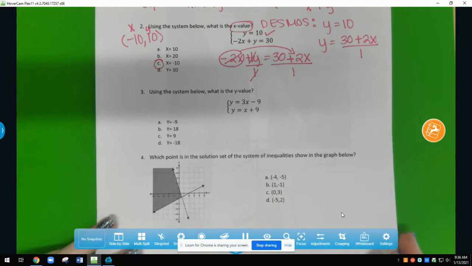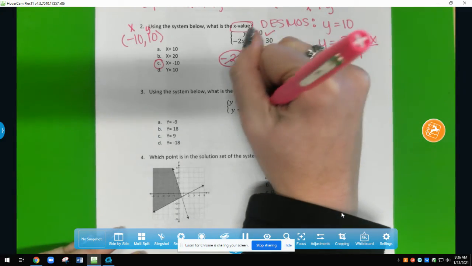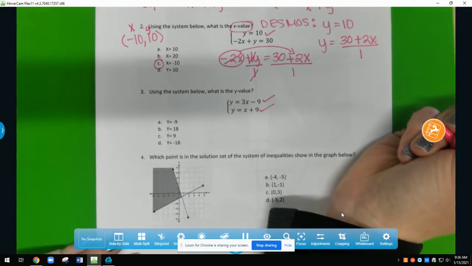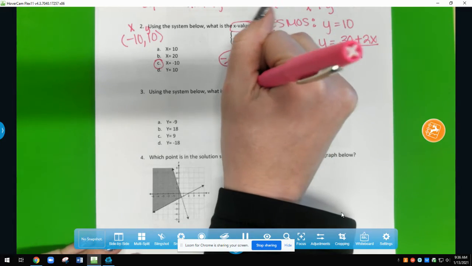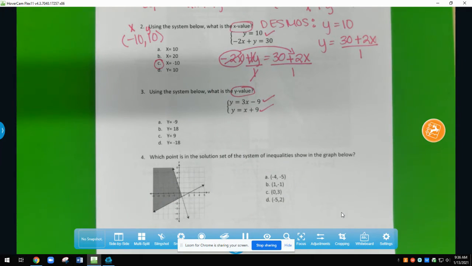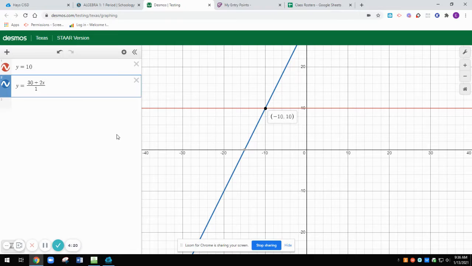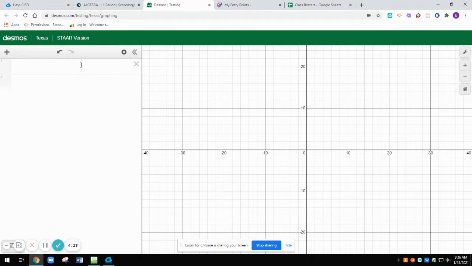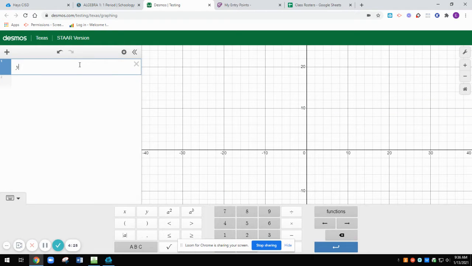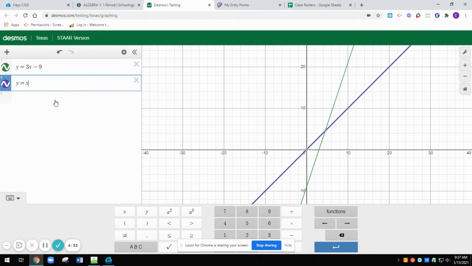Okay? Here, both of these are already Desmos ready because y is by itself. So I'm just looking for the y value. So I'm going to go into Desmos. I'm going to type my equations. y equals 3x minus 9. y equals x plus 9.